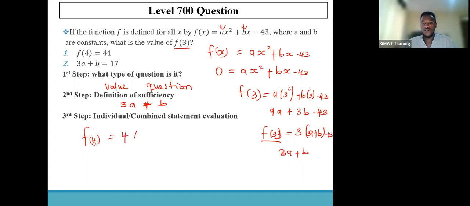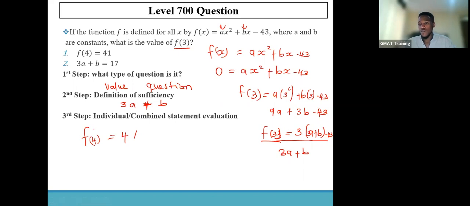So if we were to substitute 4 in this expression, does it help us to find the value of 3a plus b? Ideally, we wouldn't expect that to be the case, because f of 4 would yield the same kind of expression that we had for f of 3, because there isn't anything different in what we are substituting into f of x in this case.